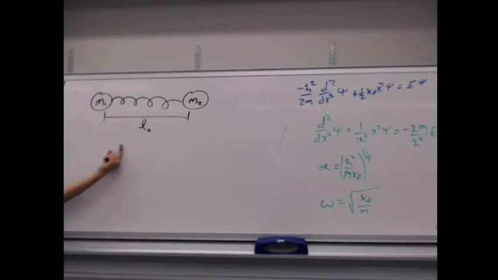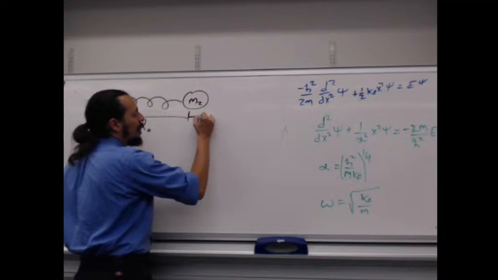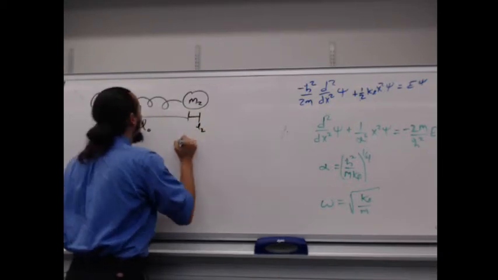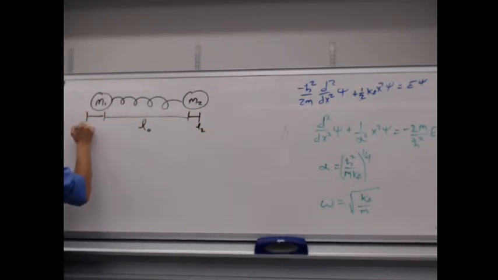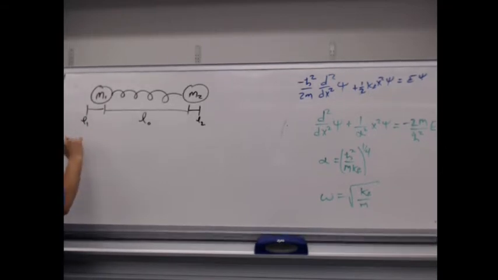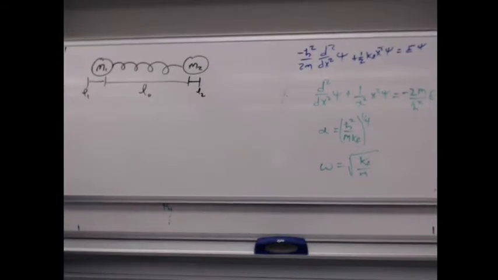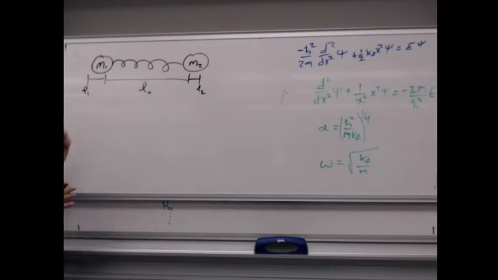We're going to have some characteristic length of our spring. And just a heads up, any place I'm saying spring, you can also think the word bond between two atoms. We'll talk about that in just a minute. Mass 2 will be displaced by some L2. Mass 1 will be displaced by some L1. But we'll call this overall thing. So we can look at all of this with the different masses.